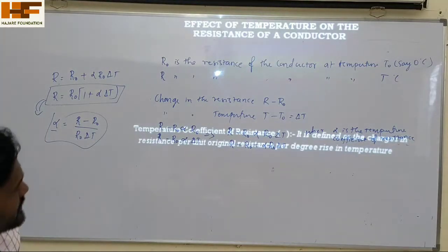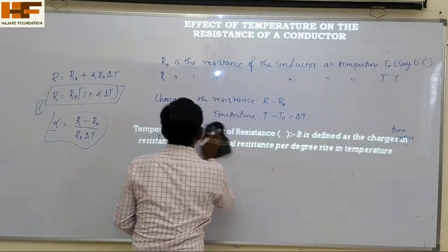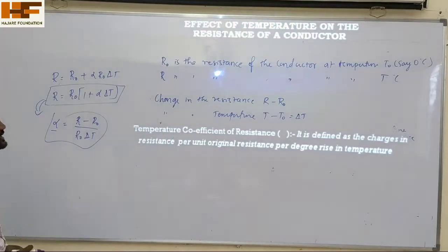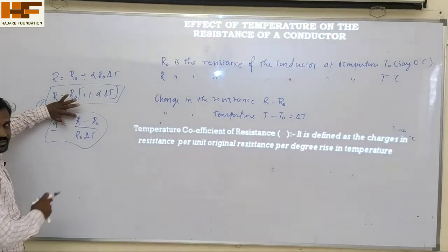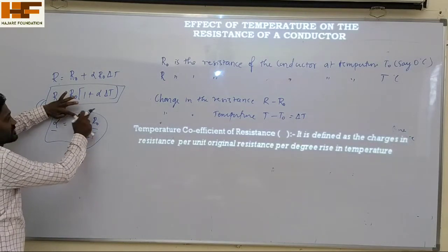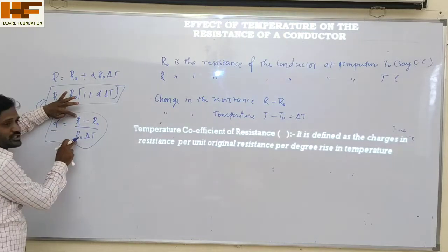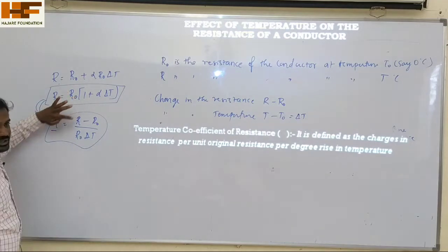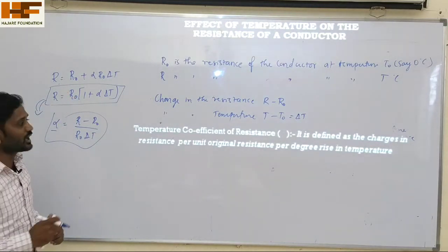The temperature coefficient of resistance is defined as the change in the resistance, that is R minus R naught, per unit original resistance, that is R naught, per degree rise in the temperature. We call it the temperature coefficient of resistance.